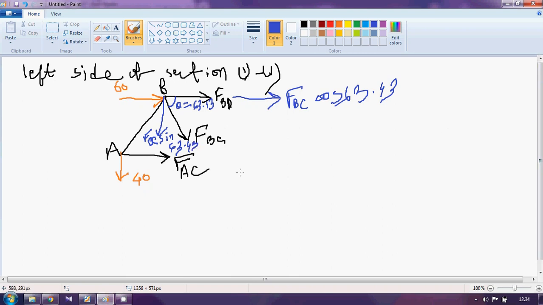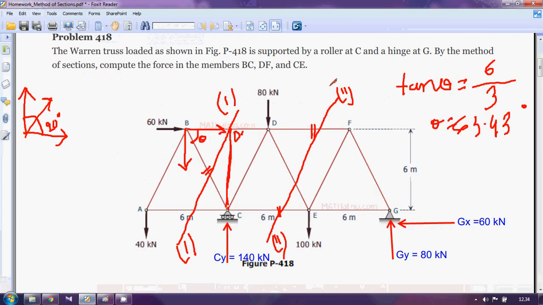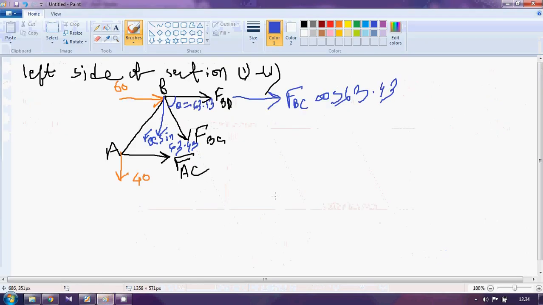Now, what force do you need to determine? The question says determine member force BC. So tell me how you will proceed. If I take summation Fx equals 0, FBD, FBC cos, FAC and 60 will come, and I have three unknowns, so I cannot determine it. What about summation Fy?